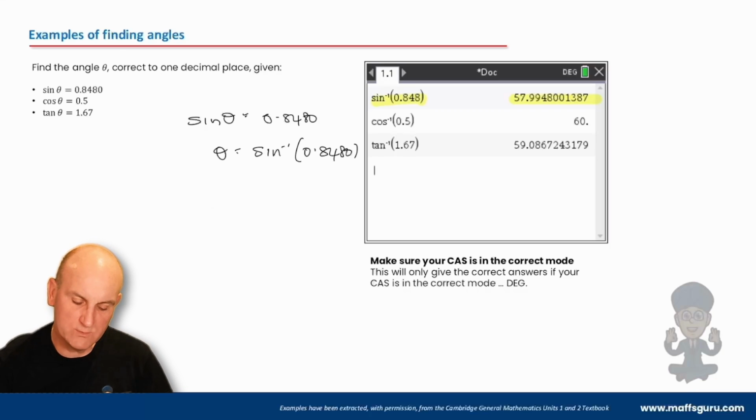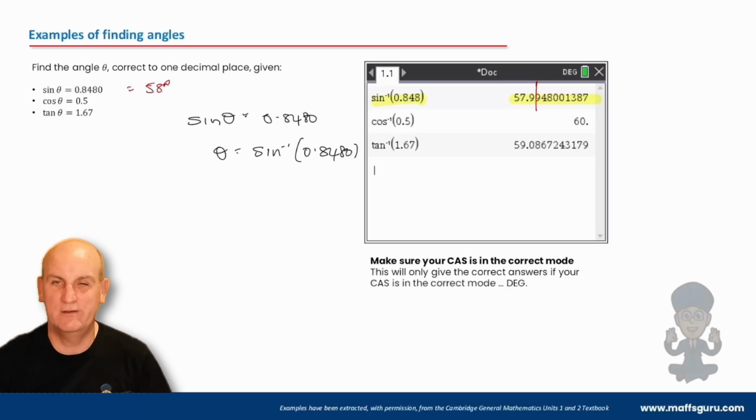Well, if I correct it to 1 decimal place, this is the way I do it. I put a line after my first decimal place, and I look at the value after it, and I say, well, that 9 would make that 9 bigger, but that 9 would make that 7 bigger. So, in fact, in that situation, it would come out to be 58 degrees, or 58.0 degrees.